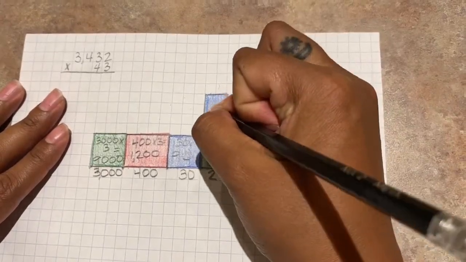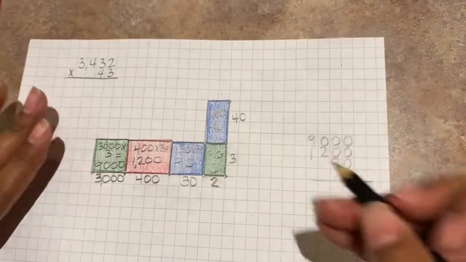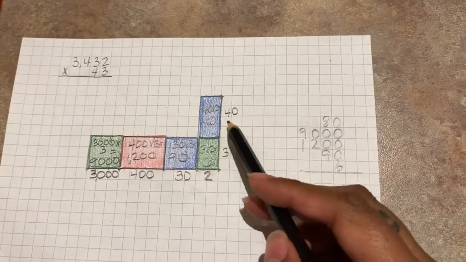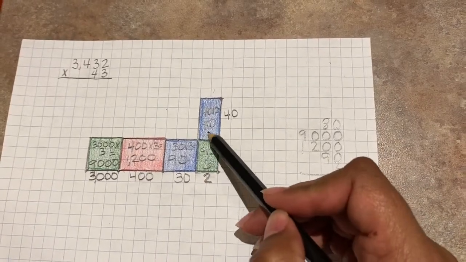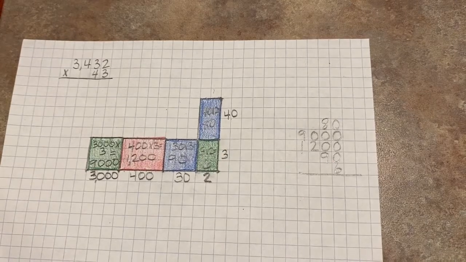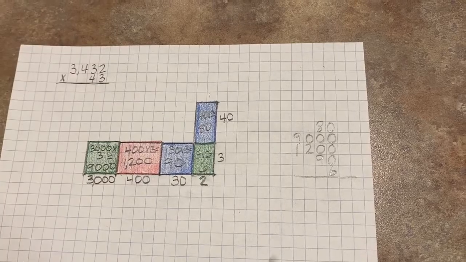And 40 times 2 equals 80. Let's add our partial products here. And again, we have 2 times 1, 2, 3, 4. So we have a total of 8 boxes in there. Pretty neat, huh? Now we're just going to keep going.